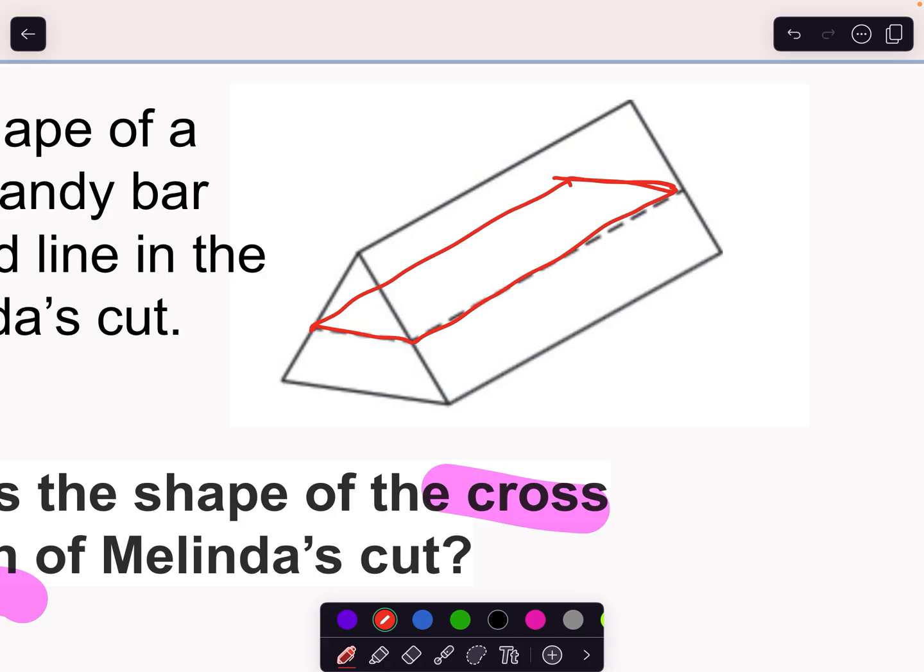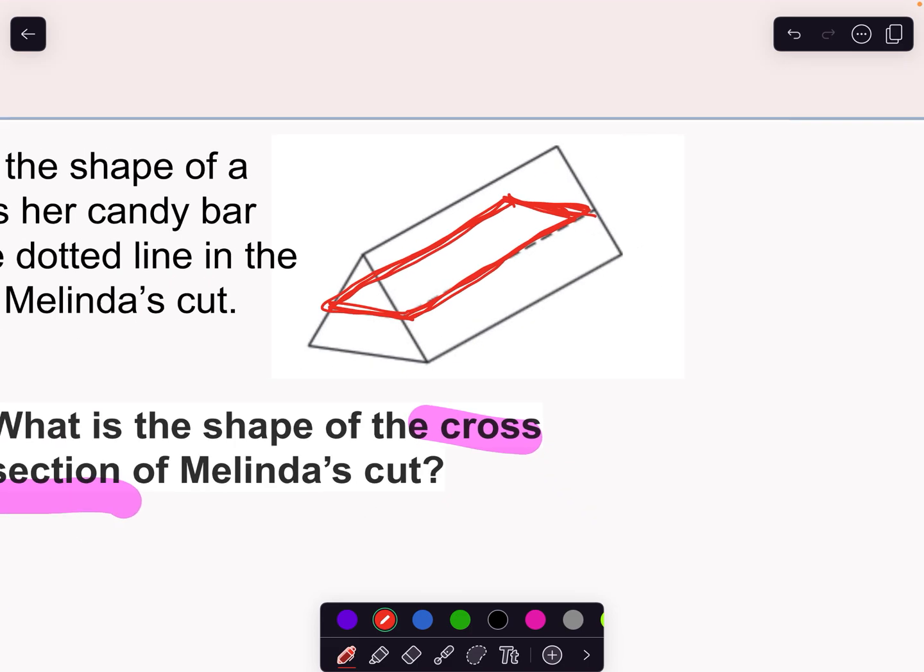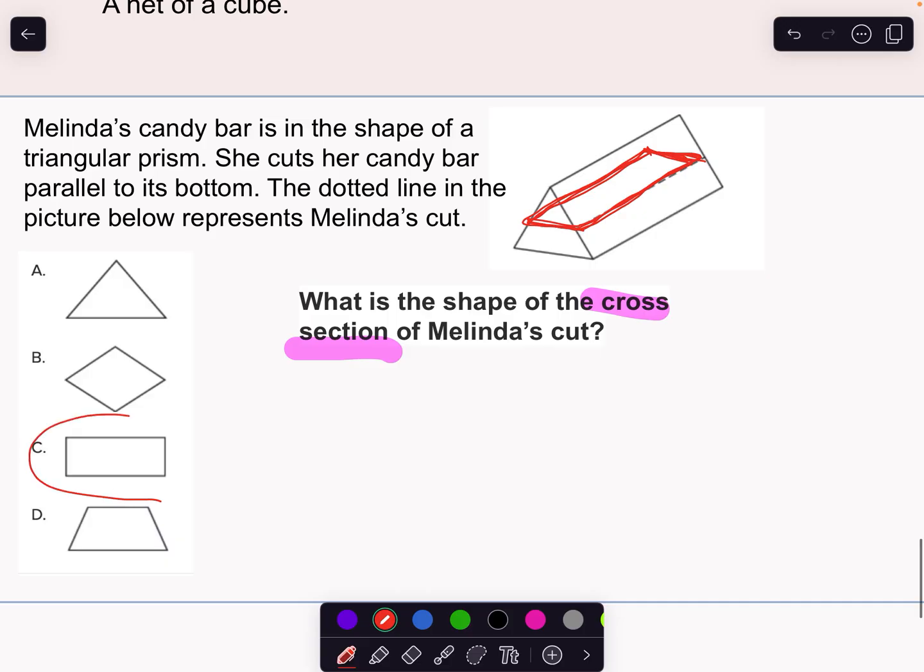So if you think about this red shape that I'm outlining here, if you sliced the top off, and you're standing straight on top of this prism and you're looking down at it, what shape would this red border be, right? It's a little tricky, but this would be letter C, a rectangle, right?